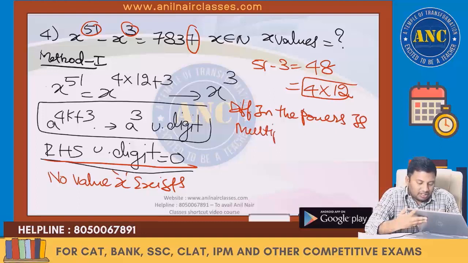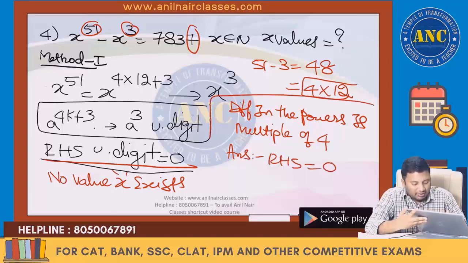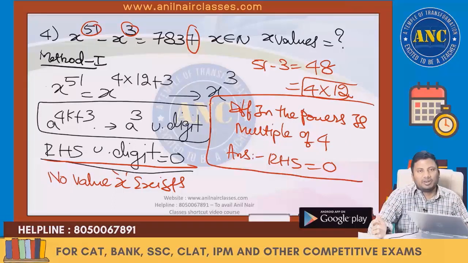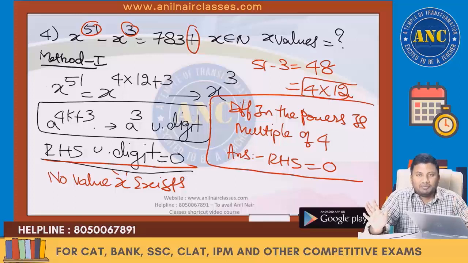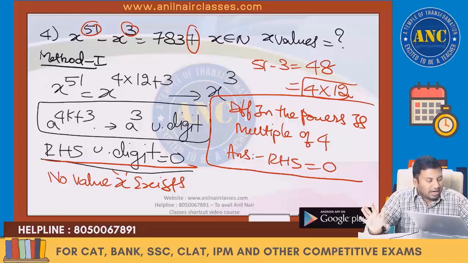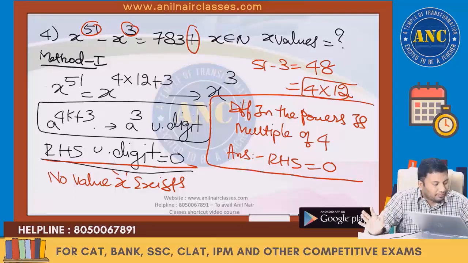If the difference in the powers is a multiple of 4, the right hand side will always give you unit digit 0. Please write this down.